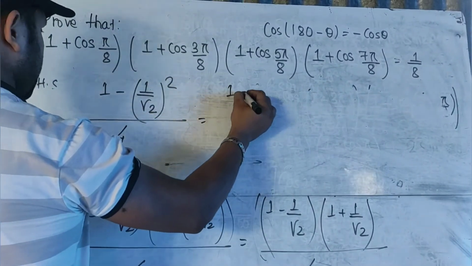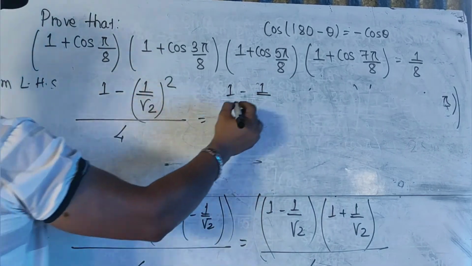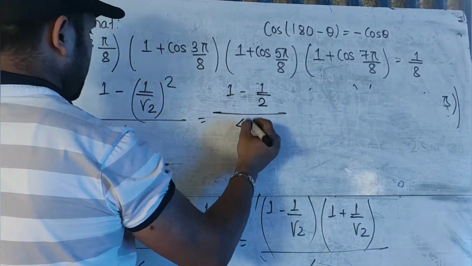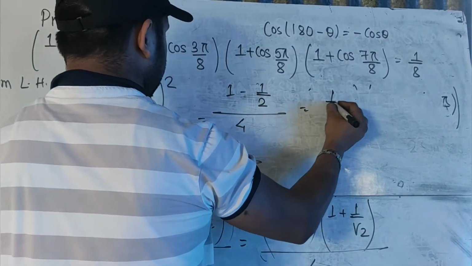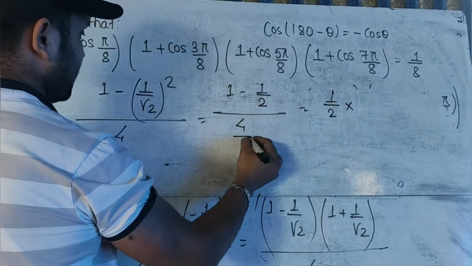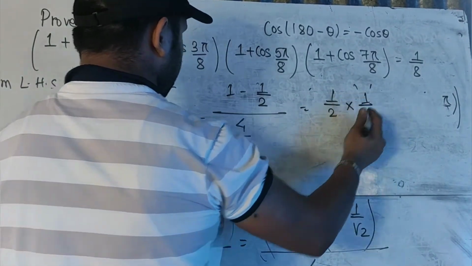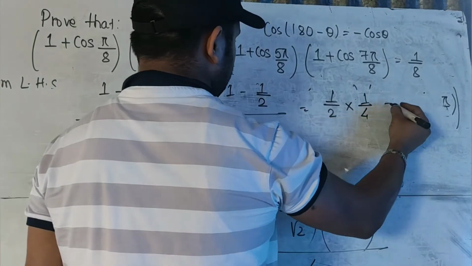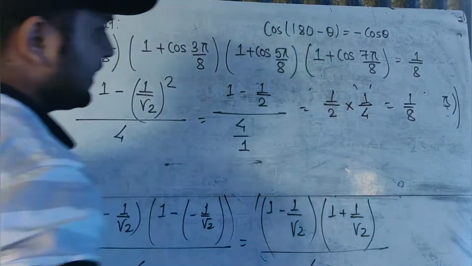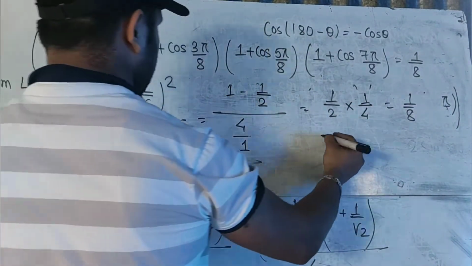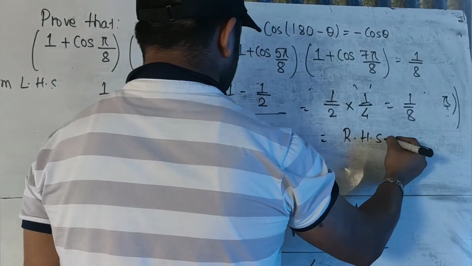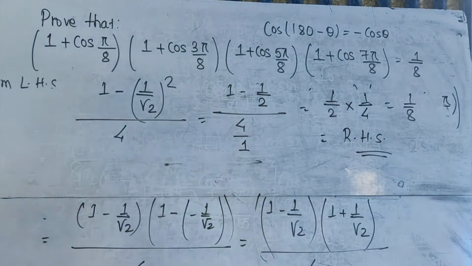Now we'll solve it. 1 minus 1 by root 2 square is 2 by 4. 1 minus 1 by 2 gives you 1 by 2. Now when you take the reciprocal, you have 1 in the denominator, so this one goes up and you have 1 down here. So 1 by 8. This is our RHS. So we prove the given proposition in this way.